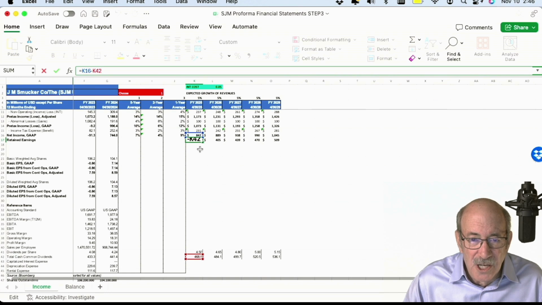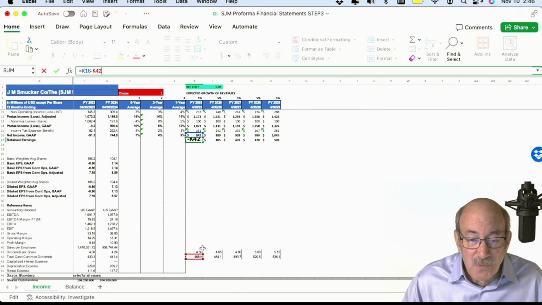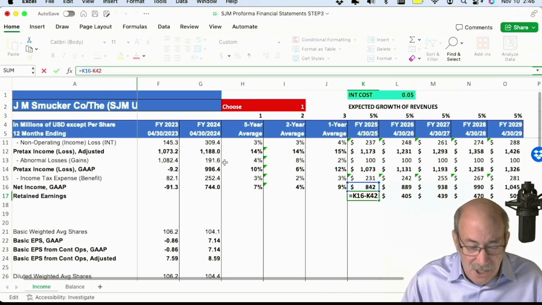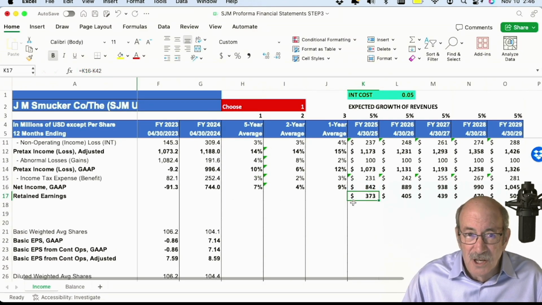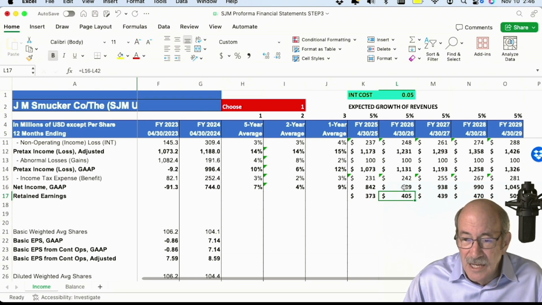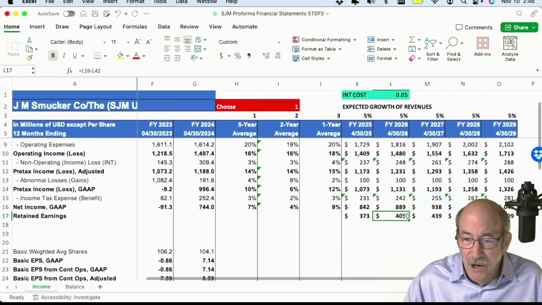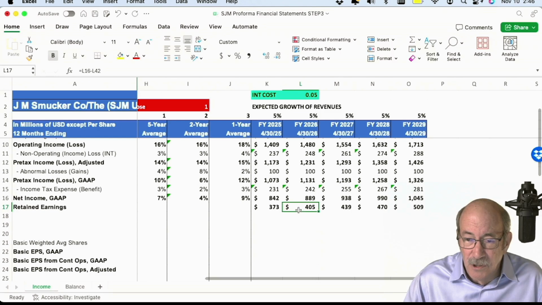So I took the 842, and I subtracted from it the amount of the dividend. And so what I'm left with is the amount that actually goes into retained earnings. And that turns out to be $373 million in this case. I do the same thing here. I take the 889, subtract from that the 484.1, and now I have my retained earnings of 405.